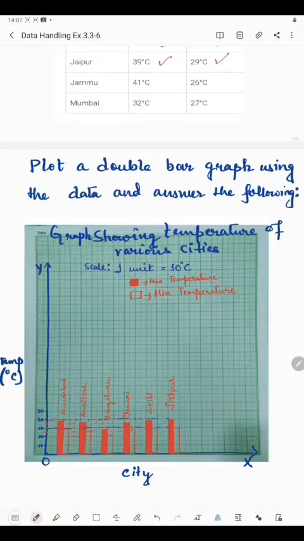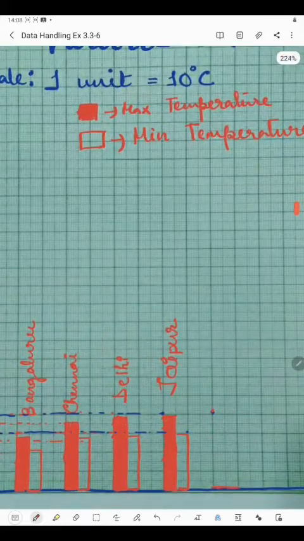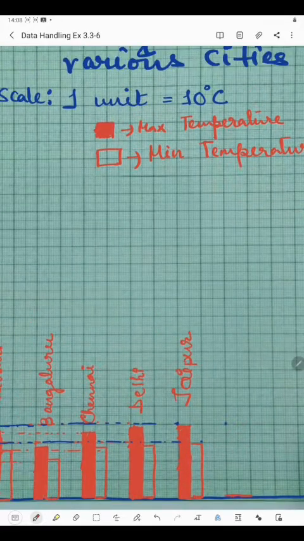Next we have Jammu. Maximum temperature of Jammu is 41 and minimum is 26. So again we will leave one box. 5 boxes will be showing maximum and another 5 boxes will be showing minimum. So where is 41? See, here is 40. Okay, 41 means one box more than this. So it will be here. Okay.